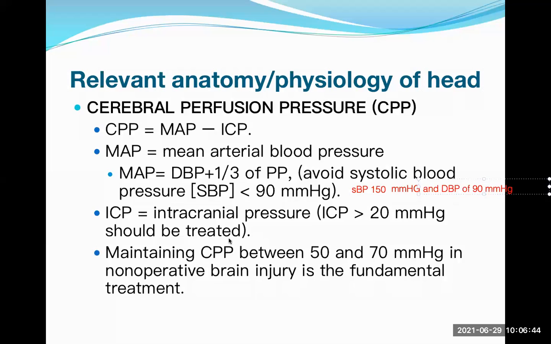It should be treated. It should be decreased. More than 20 means high intracranial pressure. And maintaining cerebral perfusion pressure between 50 and 70 in non-operative brain injury is the fundamental treatment. So this is the goal in case of head injury or any other types of brain disease.